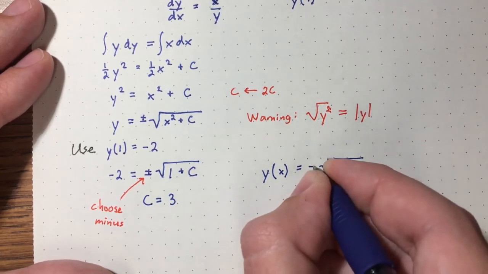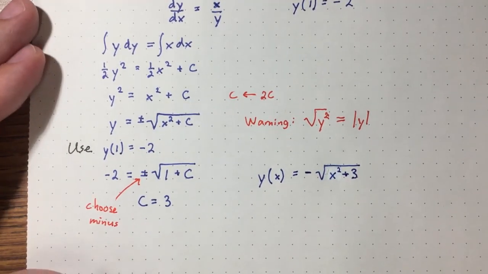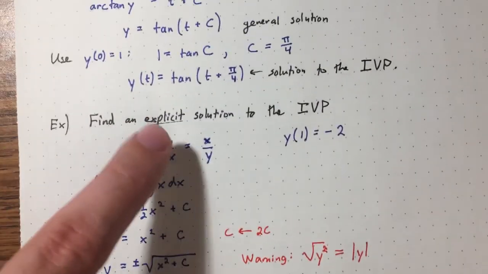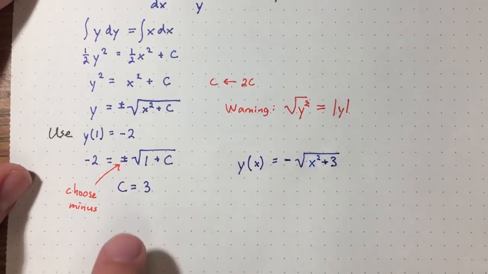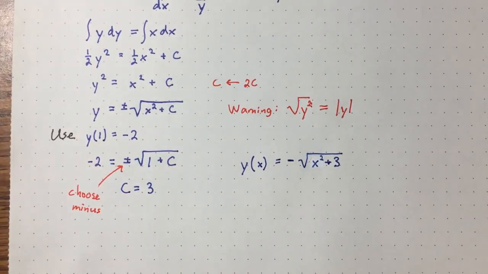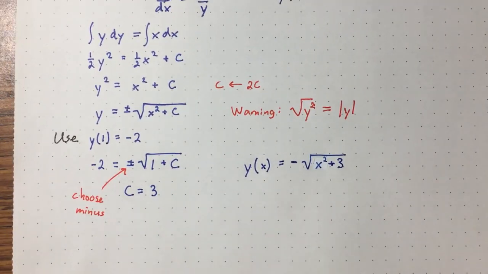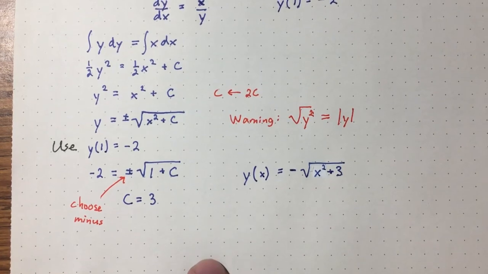And then we need a minus sign outside, right? So we want an explicit solution. We don't want any ambiguity still having the plus or minus, right? We need to choose the minus sign in order to satisfy this initial condition. So this is our solution to the initial value problem.